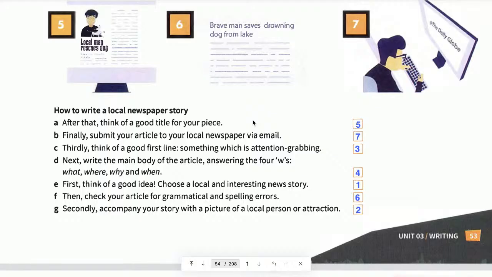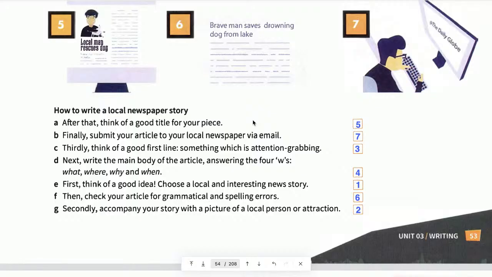So, what's your question? Come again? Grammatical. That's just an adjective, and that is the adjective form of grammar. Grammar is a noun and grammatical is an adjective. Then check your article for grammatical and spelling errors.